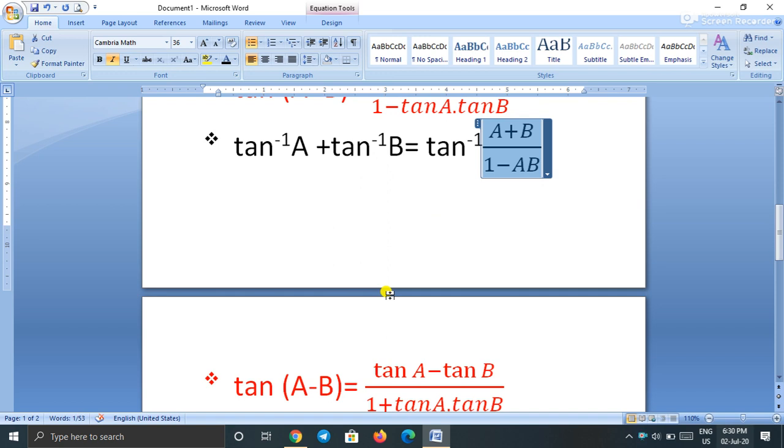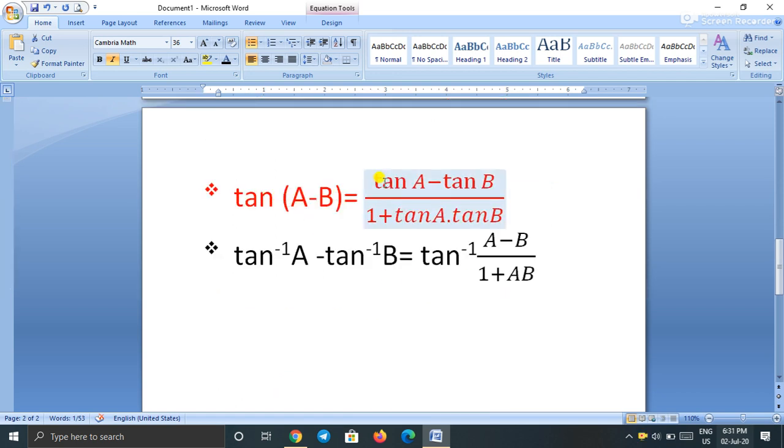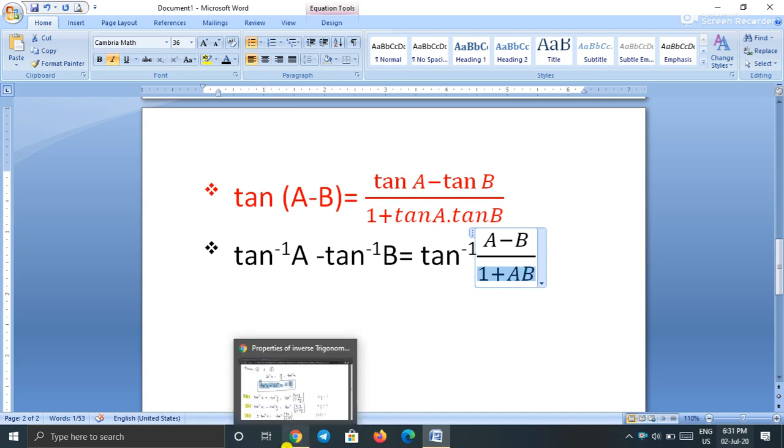The difference is that in inverse trigonometric function the formula applies only in variables. Tan(a minus b) is equal to tan a minus tan b, and in inverse trigonometric function a minus b. In circular trigonometric function 1 plus tan a into tan b. In inverse trigonometric function it is 1 plus ab. Now let us see the proof of this formula.